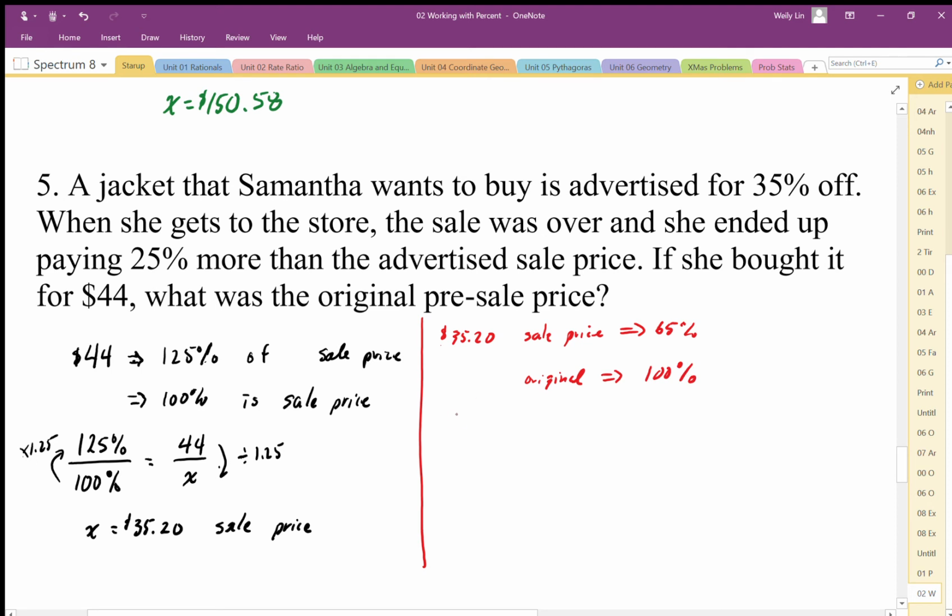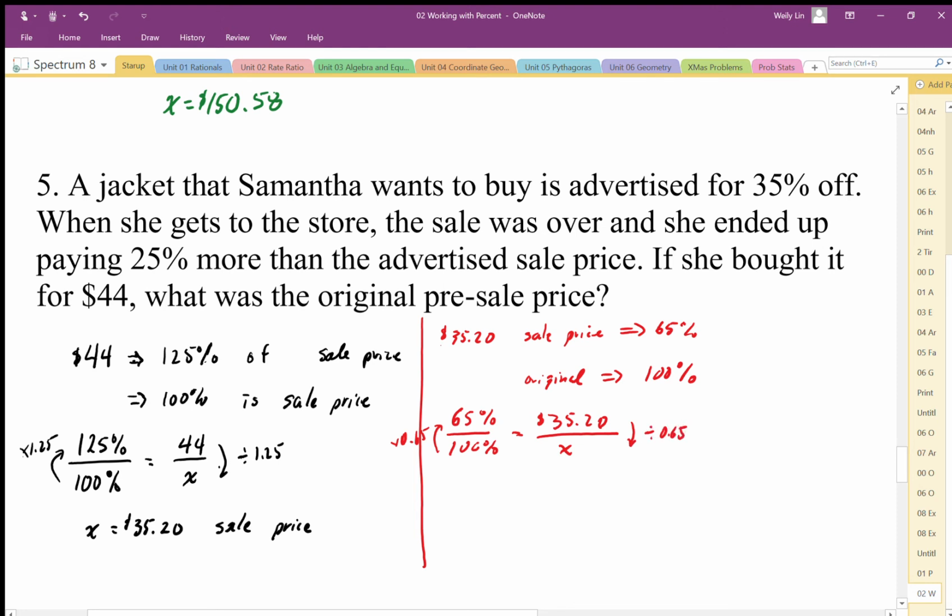I'm going to go 65% to 100% is equal to $35.20 compared to x. My multiplier in this case is going to be 0.65. So I'm going in the opposite direction, so I'm going to divide by 0.65.